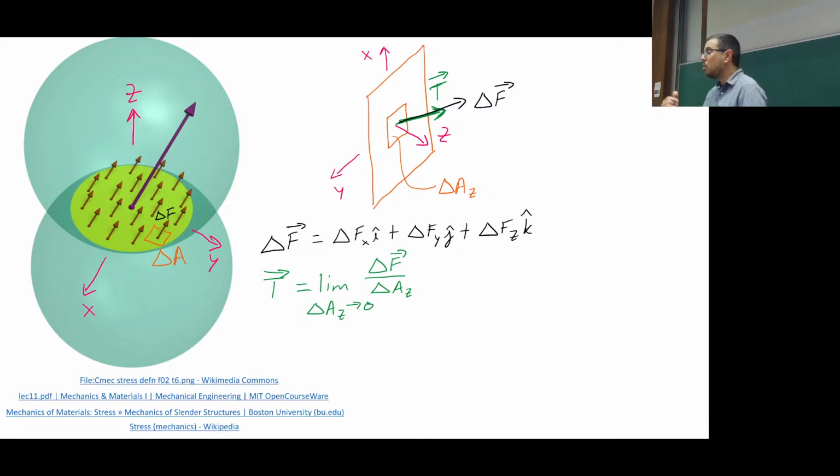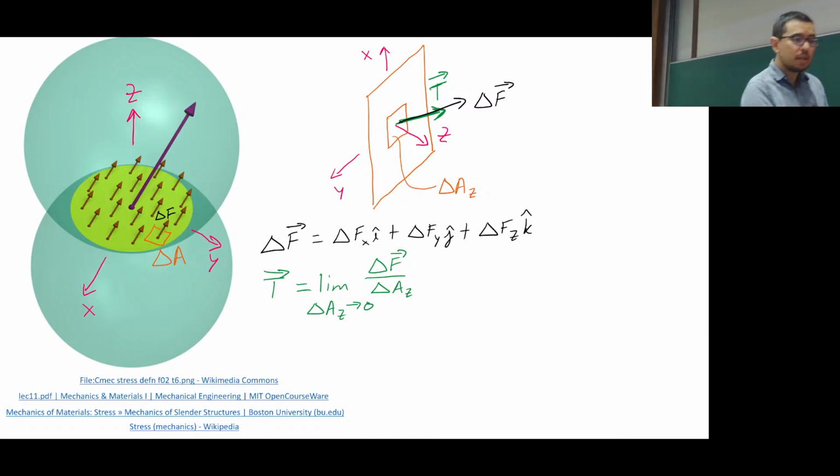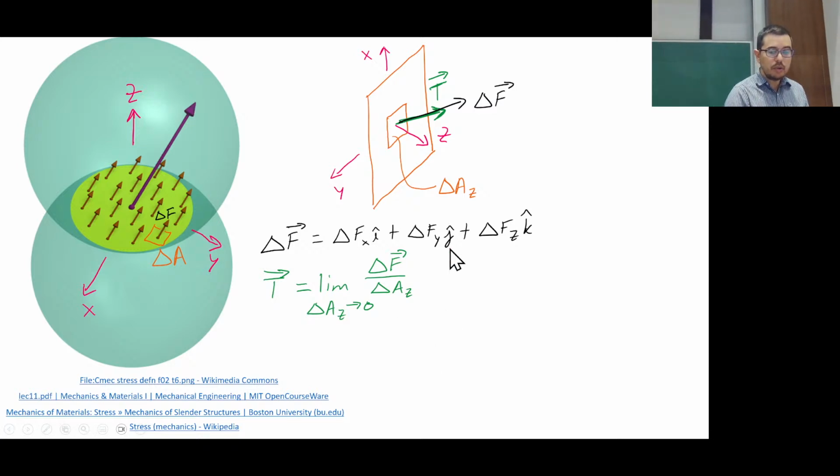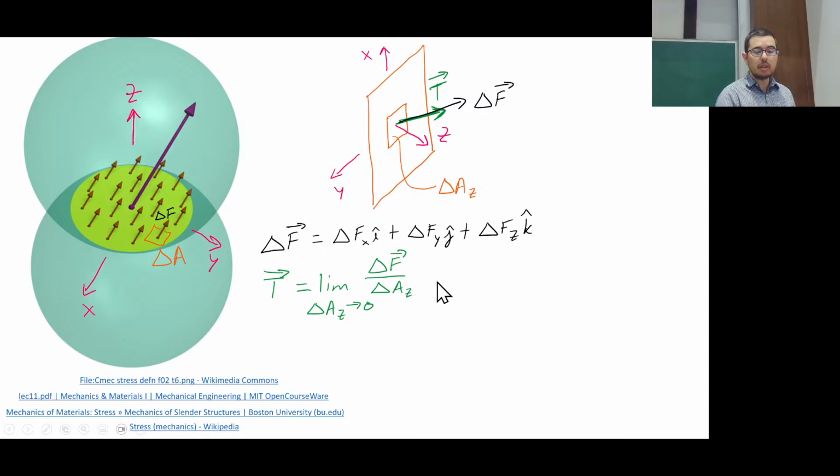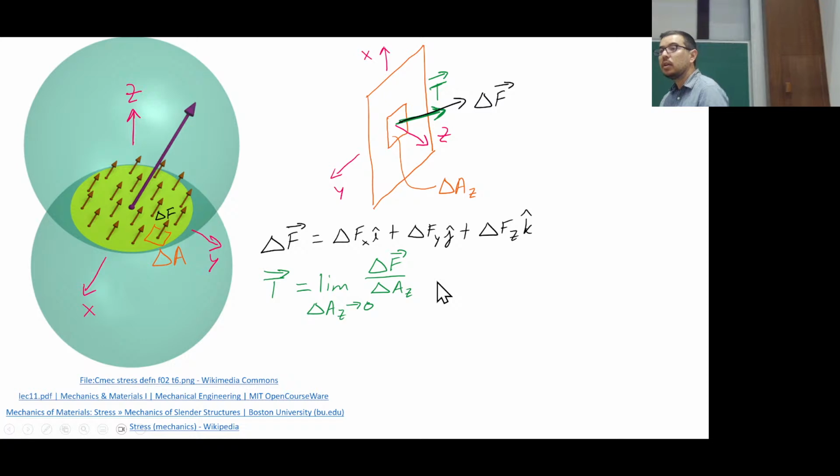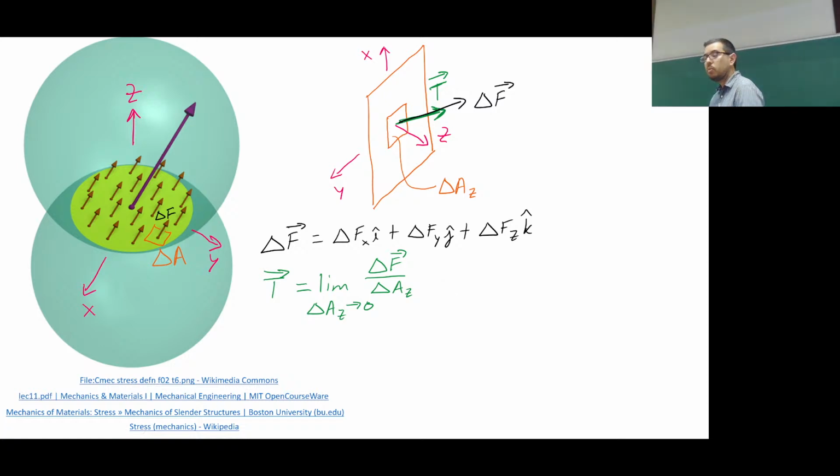So now what we're getting to is that, if you have a traction vector, what are the units of this? Well, the units are going to be force per area, so that's what you're familiar with as stress, or newtons per meter squared, something of that nature.